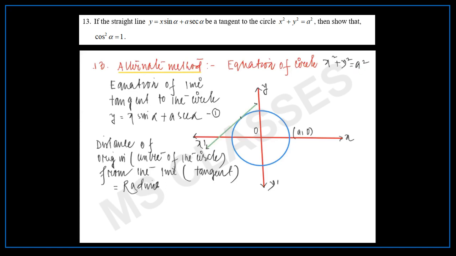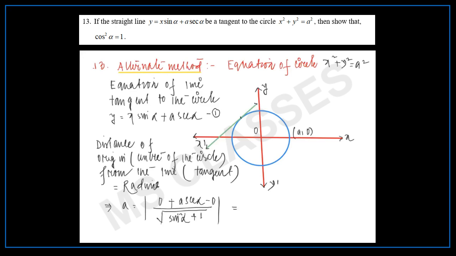So, under the given condition, we can say a equal to mod of 0 plus a sec alpha minus 0 by root over sine square alpha plus 1. This is the distance formula. From that we got this.